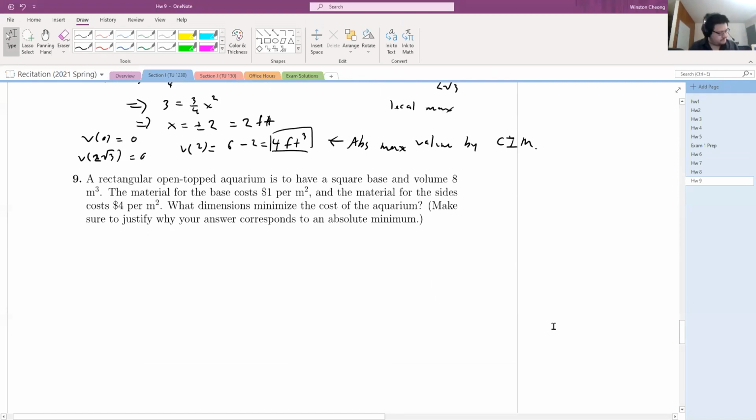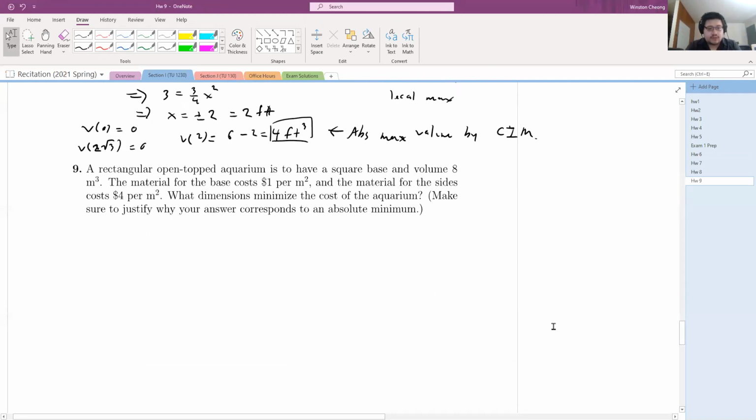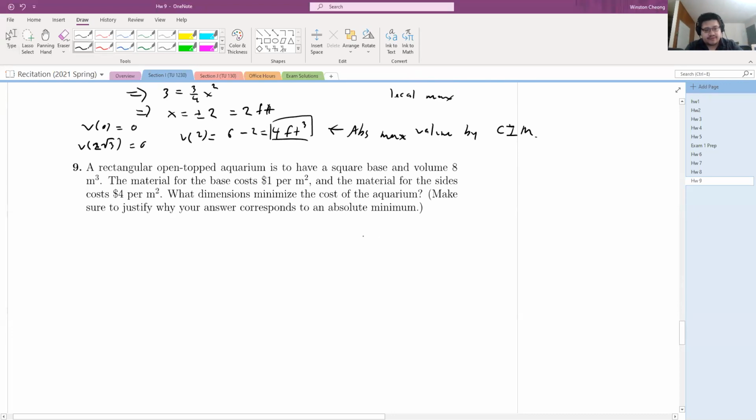Okay, so let's go through this. Again, we have a rectangular prism type thing. We have a square base, just for convenience, with a volume of 8 meters cubed.